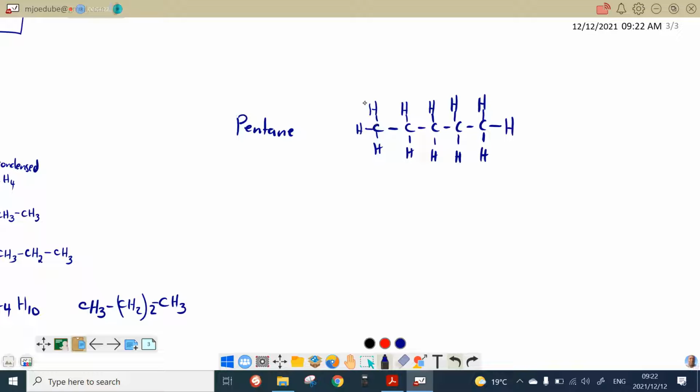So you've got 1, 2, 3, 4, 1, 2, 3, 1, 2, 1, 2, 1, 2, and then that's it. So count the number of hydrogens to get the molecular formula. So this is the structural, and then the molecular.